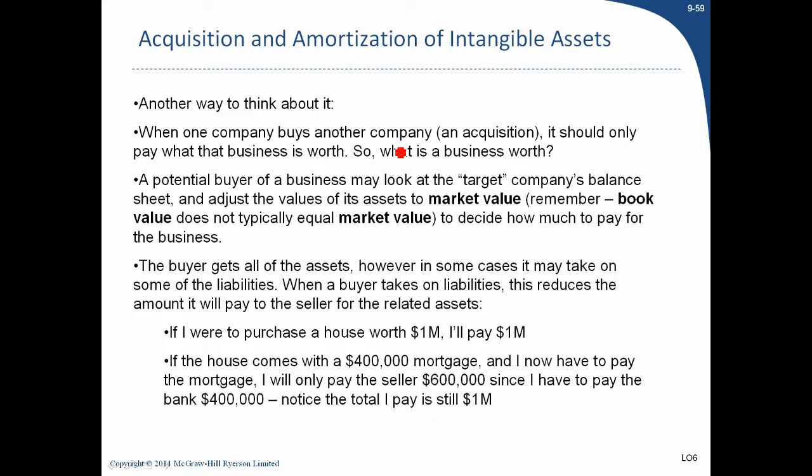The problem is the accounting value is almost never $1 million, okay? The reason is this. As businesses build their operations, they generate intangible assets that are hard to measure, like Pepsi's brand.